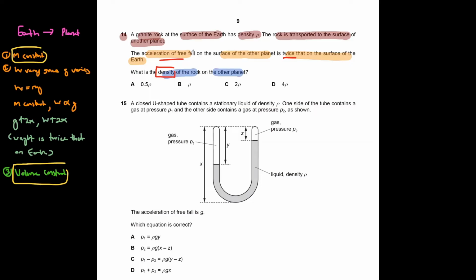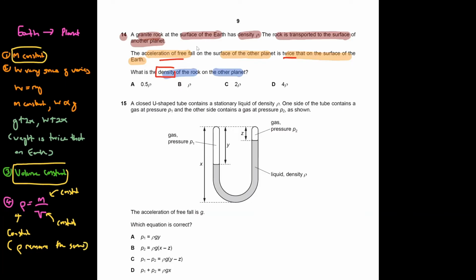Because density by right is defined as mass over volume. So in my case, I already know mass is constant. Volume is also constant. Therefore, density must be constant. So density remains the same.